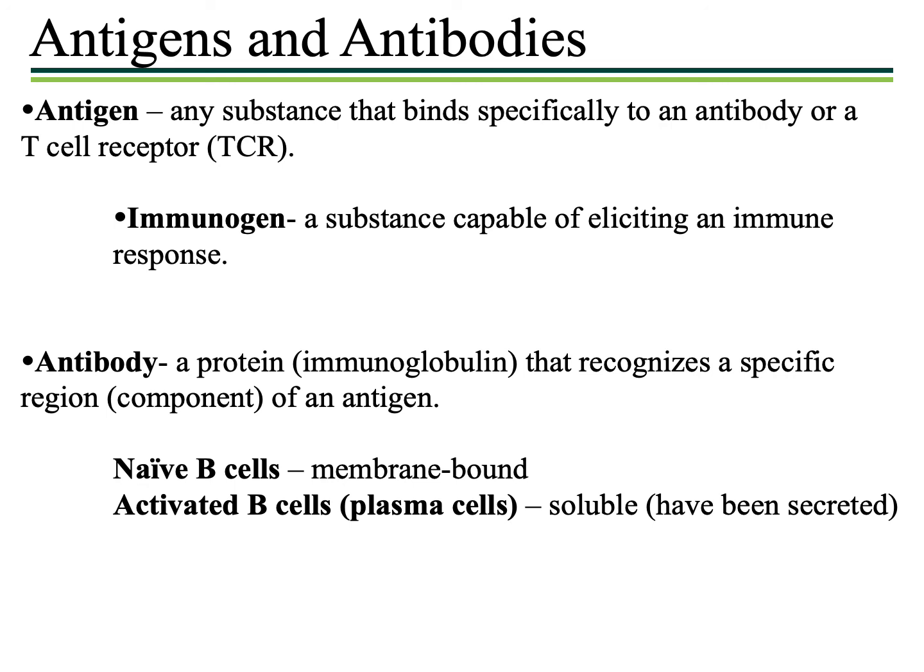These activated B cells are the ones that produce a soluble antibody, one that can be secreted from the B cell. So again, two categories of antibodies, membrane-associated or membrane-bound versus soluble. And the cell types associated with either one of those, predominantly naive B cells as well as memory B cells, will have the membrane-associated form, and activated B cells are going to produce the soluble or secreted antibody.